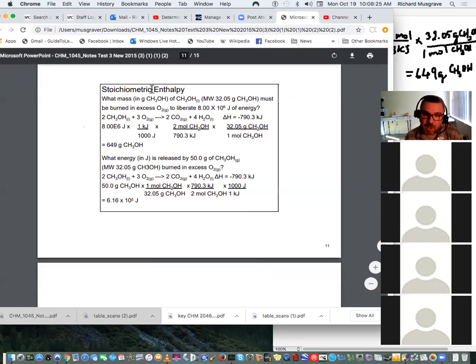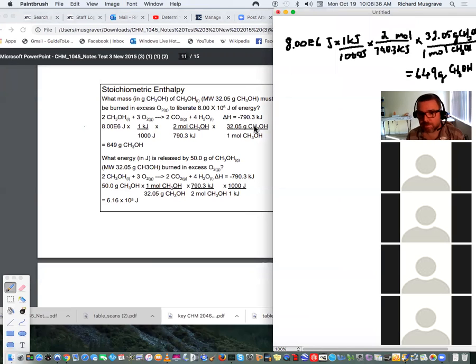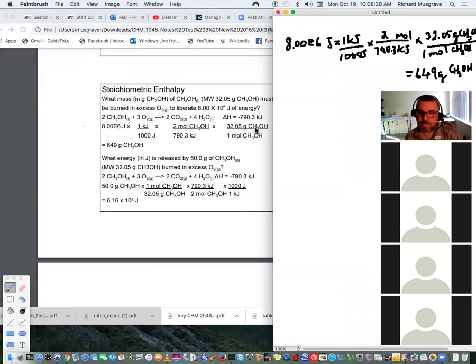But it's asking for how much was burned, and that's going to be a positive value, not a negative value. So the bottom line is if you see a negative, I generally will just ignore it because I want to answer the question, what mass must be burned? So that's going to be a positive value. Does anybody have any questions?